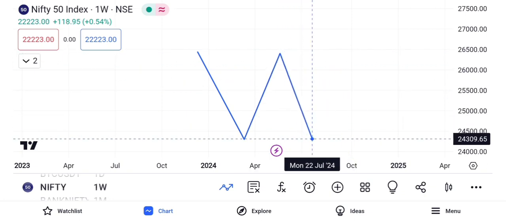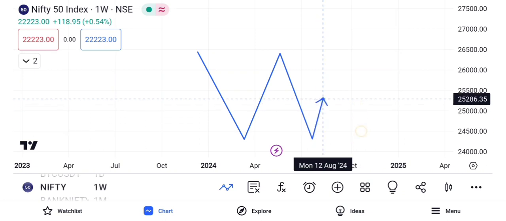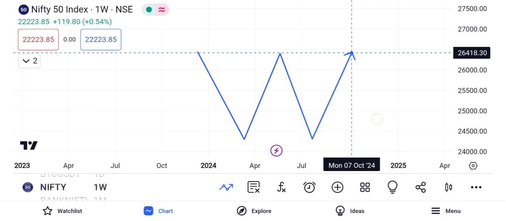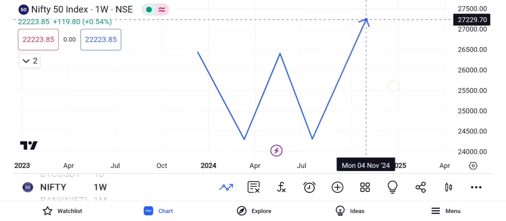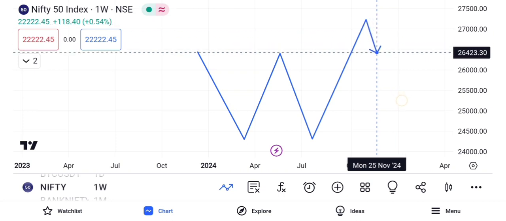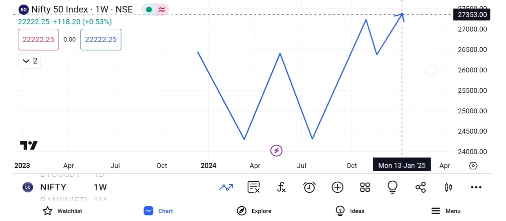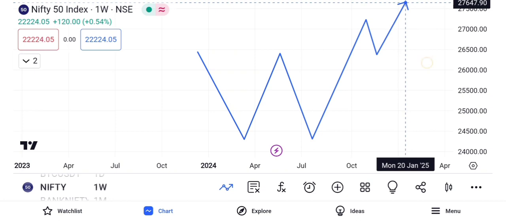Okay, so this has been drawn in this way, and this is the resistance level. Like if the resistance level breaks, the market breaks, after a retest on this level, you take the entry at this point, and this is the swing you ride.